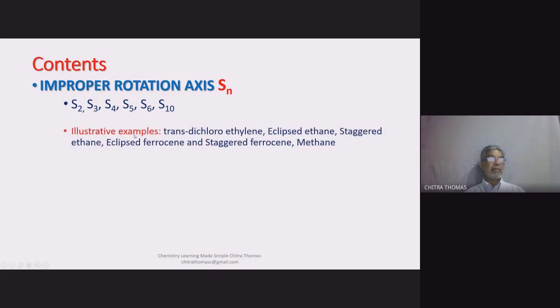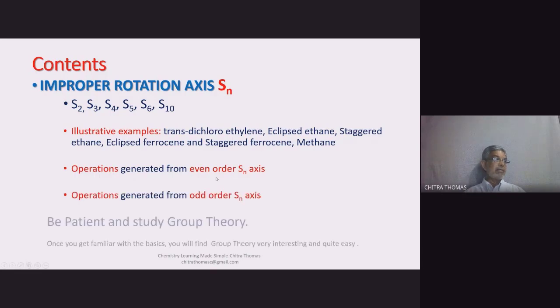For illustrative examples, I will use these molecules: trans-dichloroethylene, eclipsed ethane, staggered ethane, eclipsed ferrocene, staggered ferrocene, and if time permits, methane. Then operations generated from even order Sn axis, and then operations generated from odd order Sn axis.